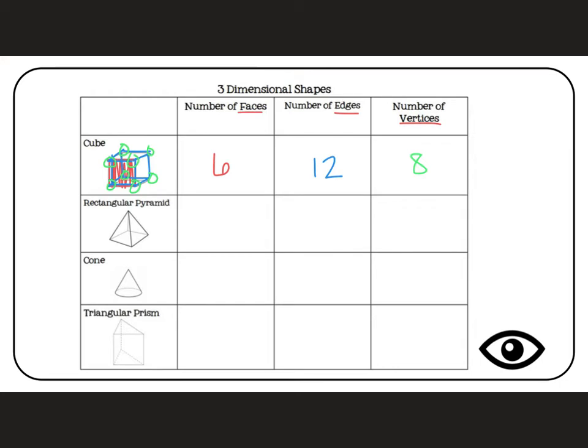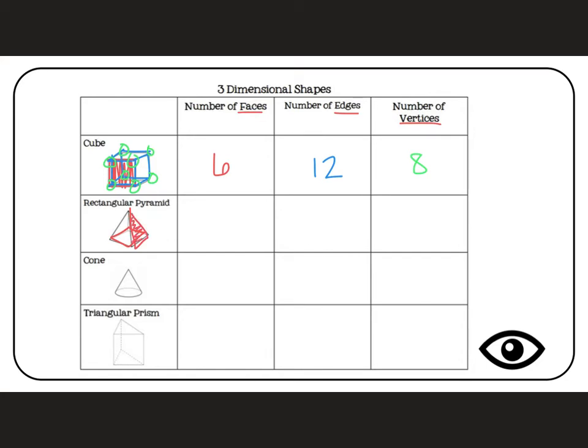It has 8 vertices. Our next shape is a rectangular pyramid. The base face of a rectangular pyramid is a square. So if we look at the square side, you can see that there is one base, and then it has all these faces on the side that are triangles.